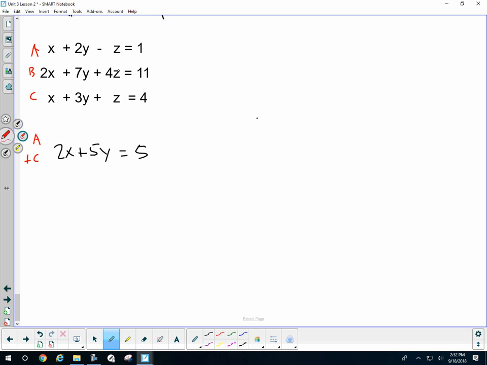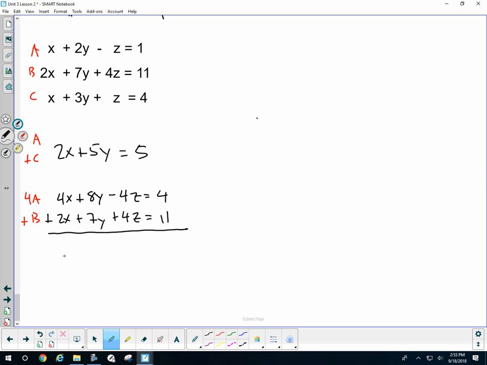And then to eliminate z's from the second one, I'll do 4A plus B. I get 6x plus 15y is equal to 15. And again, I created new equations, D and E.